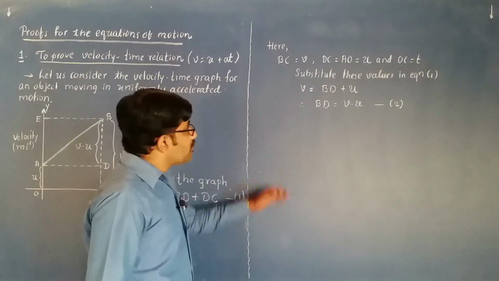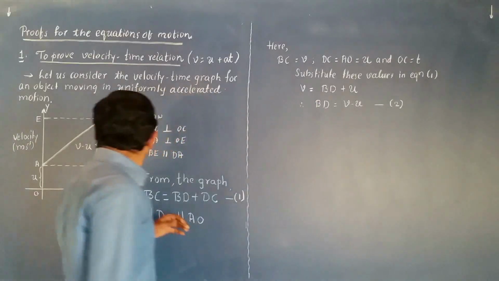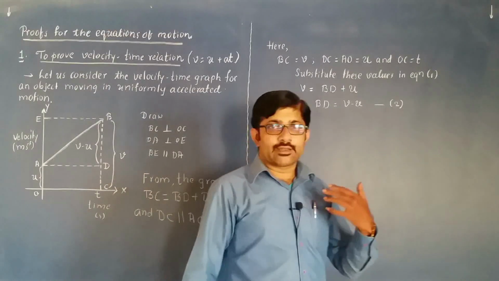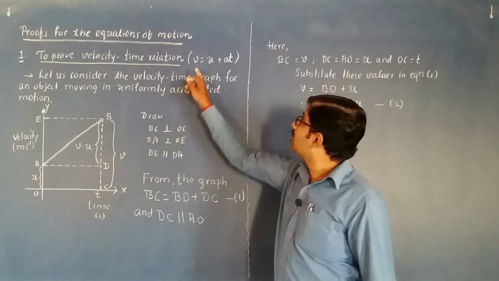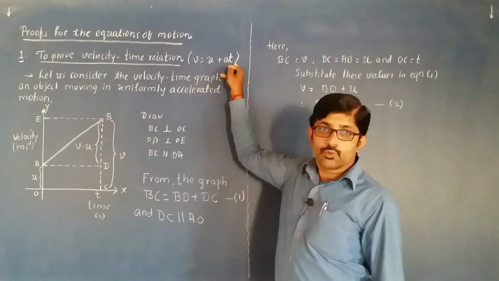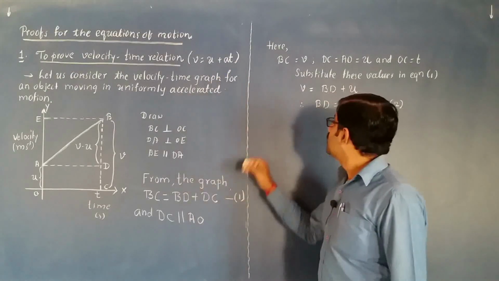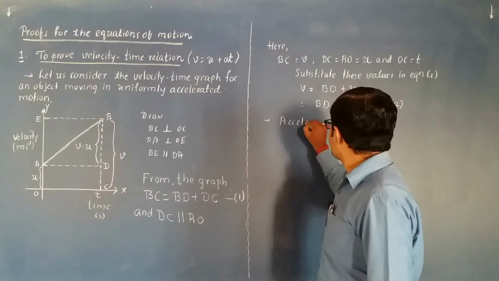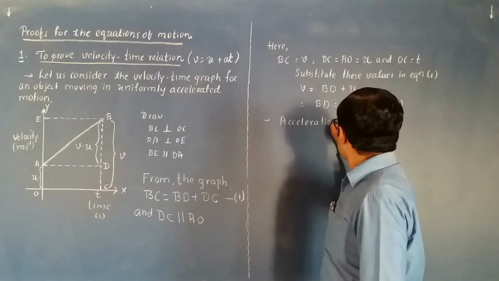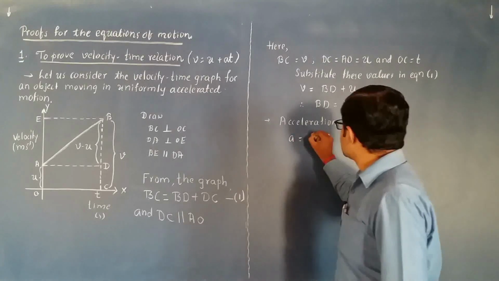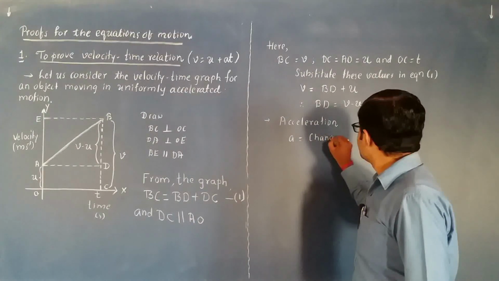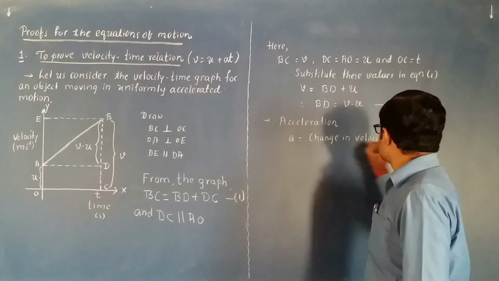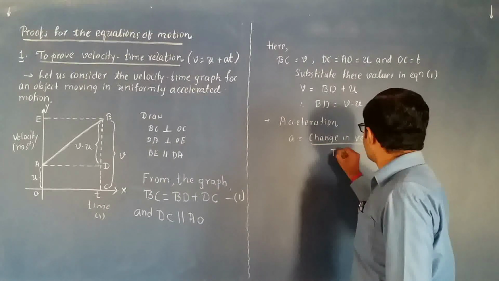So once you have this equation, now we are finding the acceleration. We need to calculate acceleration because we have covered V, U, and t, so we need only A. Therefore, acceleration A is the change in velocity of the object with respect to time.